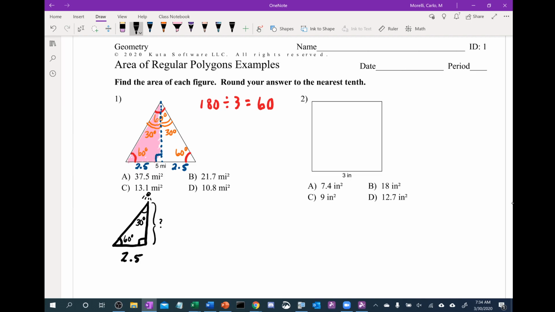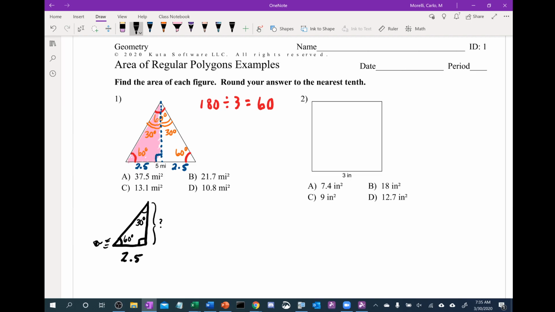Well, unfortunately, we don't have the radius. So let's look at this angle over here. Let's look at it from this perspective. So notice now I've got something I can work with. I have the opposite side, which is what I want, and I have the adjacent side.